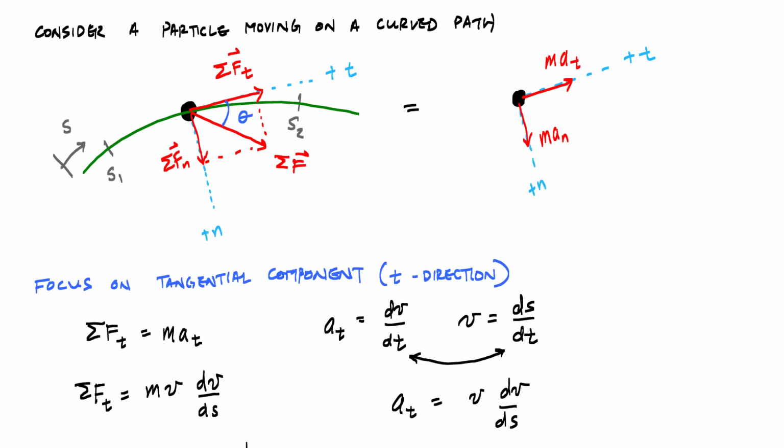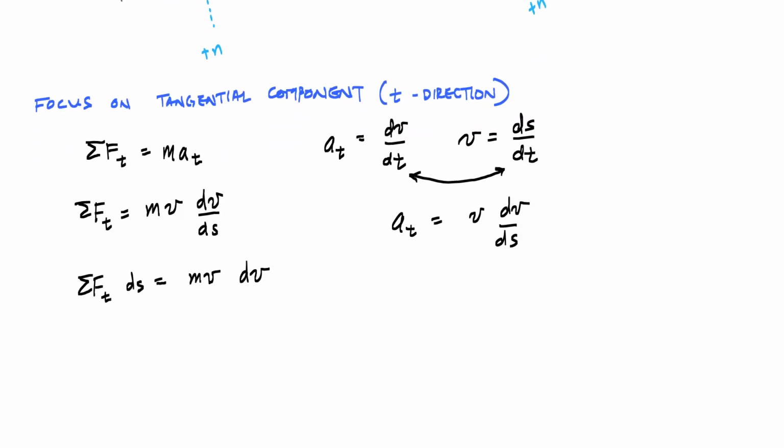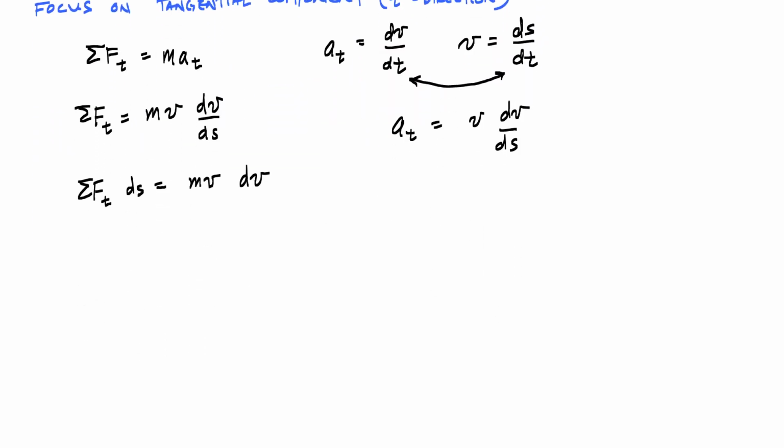So this particle has some velocity here, v1, and then at S2 it has some velocity here, v2, like this. And so I can evaluate or set up the integral so that the sum of the force F ds from S1 to S2 equals the integral of mv dv from v1 to v2.